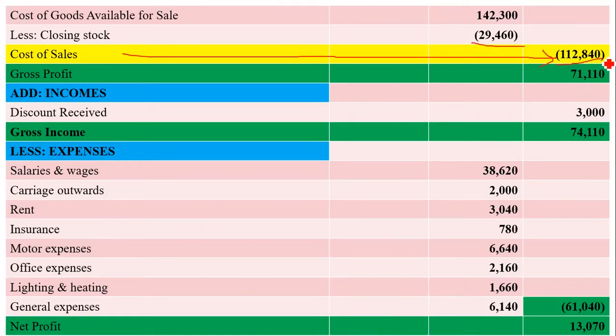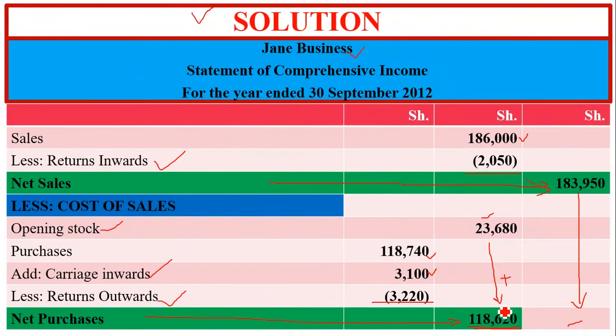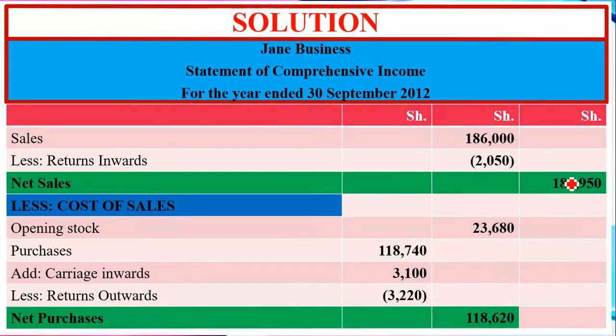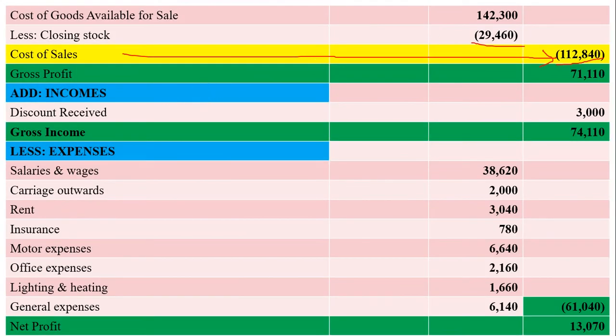Whatever is going to remain is either a gross profit or a gross loss. But if you check here, the net sales is a larger figure than the cost of sales. So the revenue is more than the cost, and therefore we have a gross profit, a positive figure.